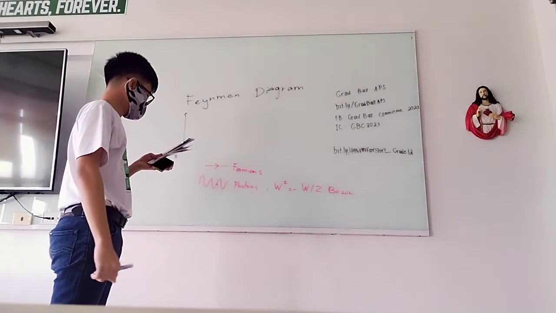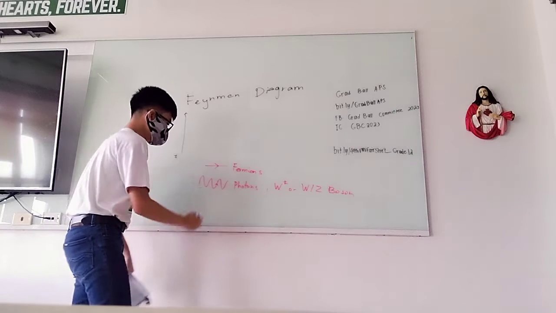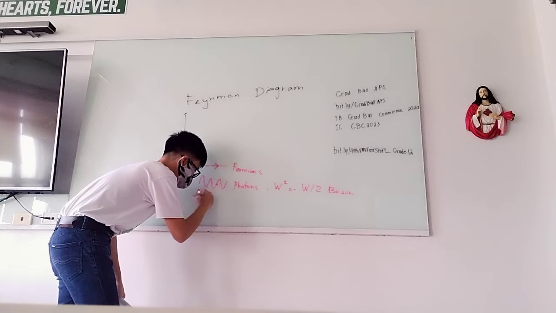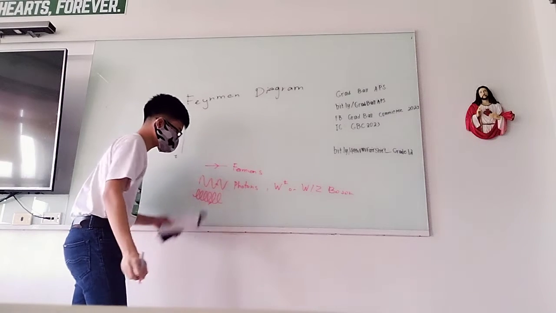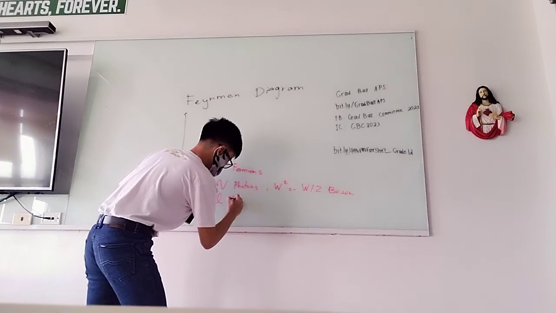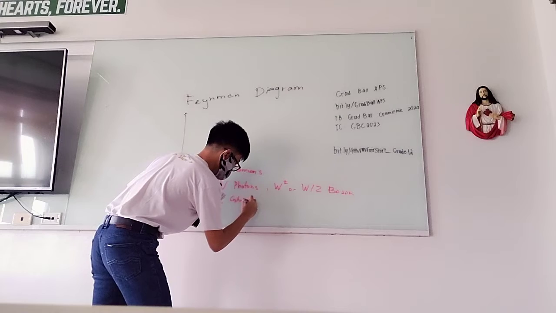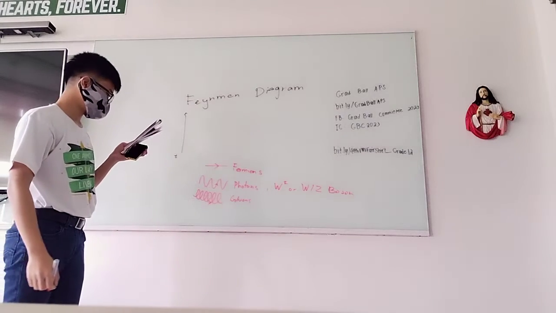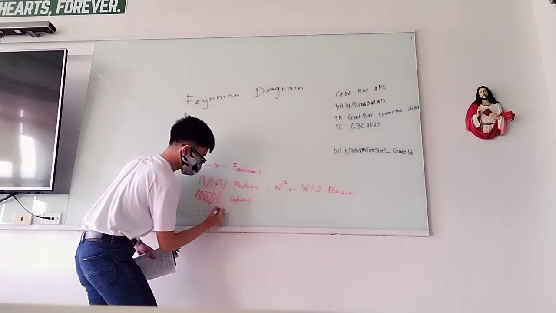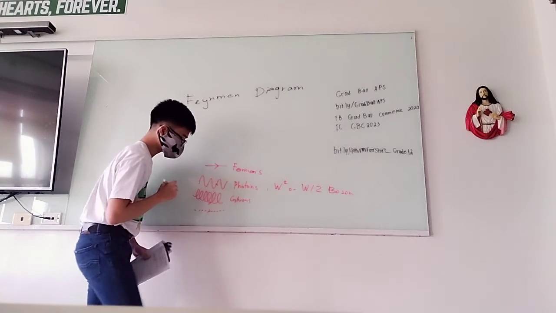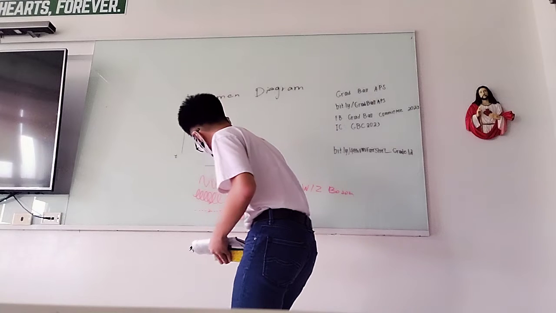Okay. And then this spring-type pattern is reserved for gluons. Then this broken line is reserved for the Higgs boson.